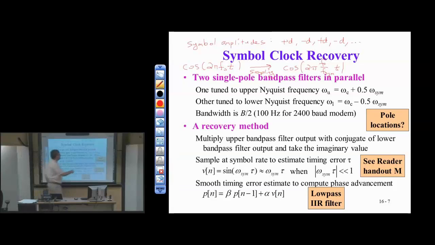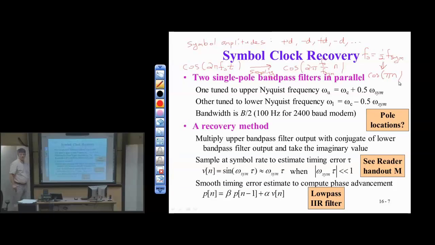And if F naught is half the symbol rate, then my cosine here is going to be cosine pi n.